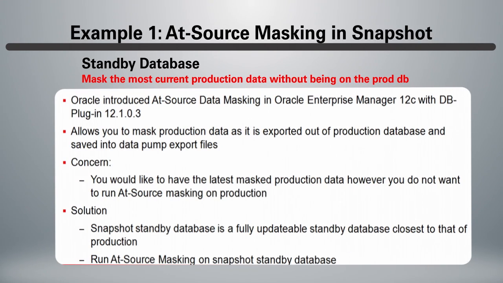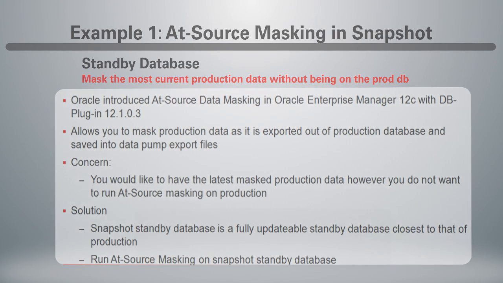In that case, we provided an alternative solution, which is using at-source data masking in a snapshot standby. So you have your production database, and then you have a replica of your production database using Oracle Standby technology. Now what you can do is, let me move the slide forward.